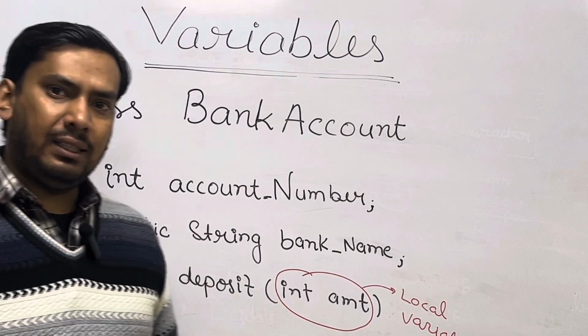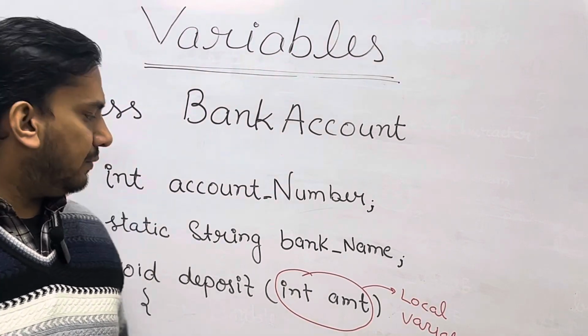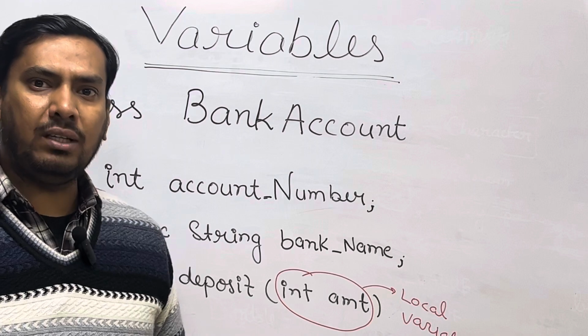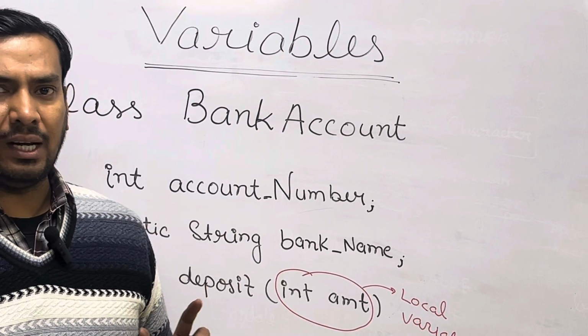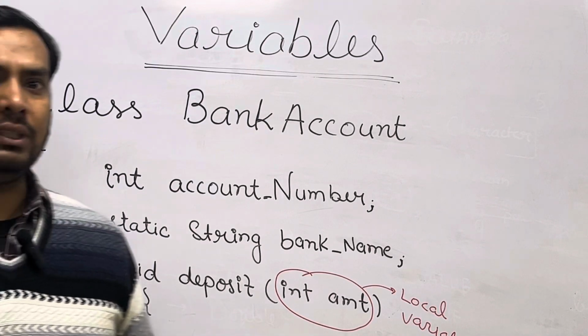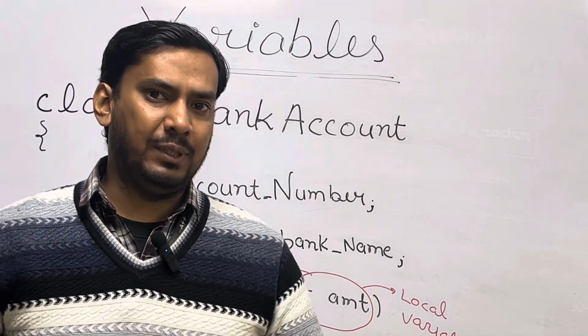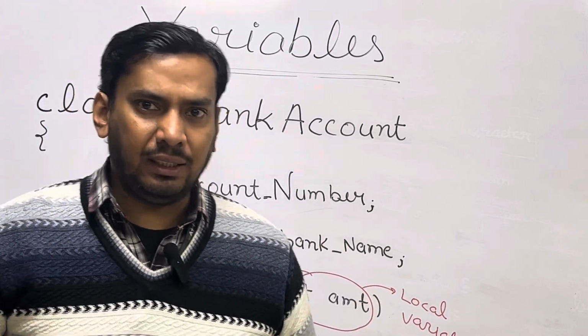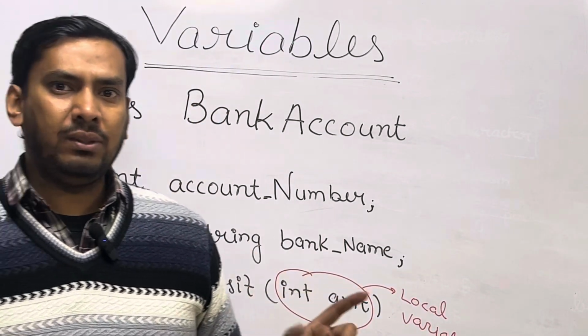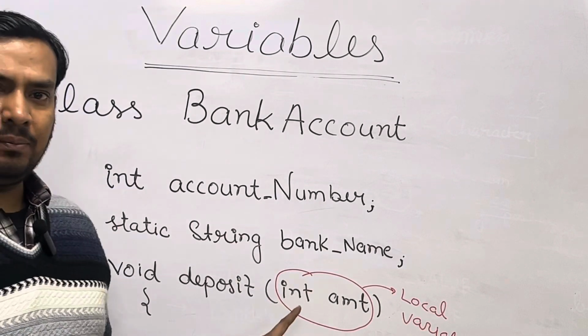Some properties are there with the local variable. The first property is that local variables do not get any default value. Otherwise, in case of Java, we don't have the concept of garbage value. Here, any data member that you are creating will get some default value except the local variable.